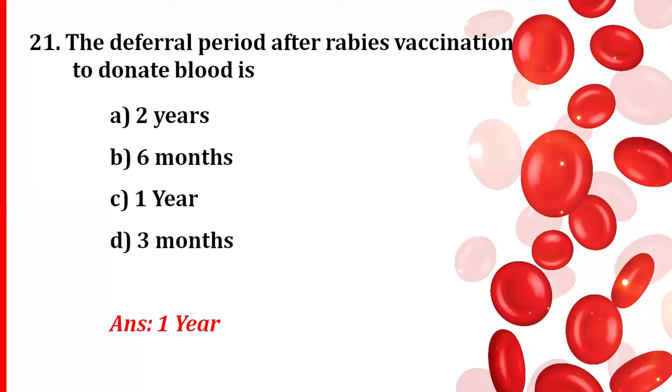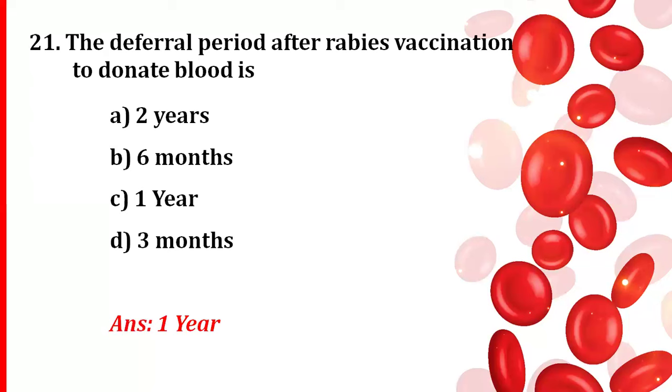This applies if we give the vaccine as post-exposure prophylaxis. What is meant by post-exposure prophylaxis? In case a dog bite happens and we give this vaccine, they are not supposed to give blood for a minimum of 1 year.